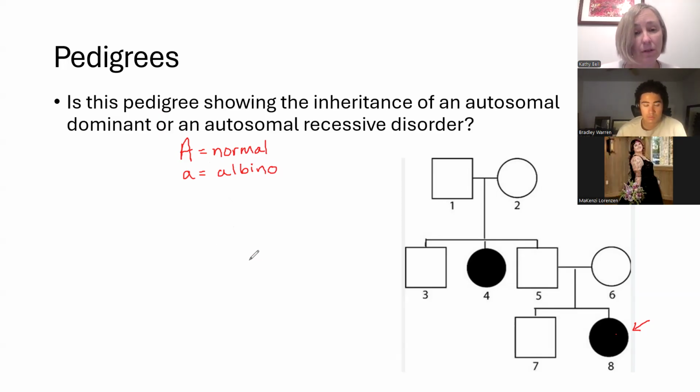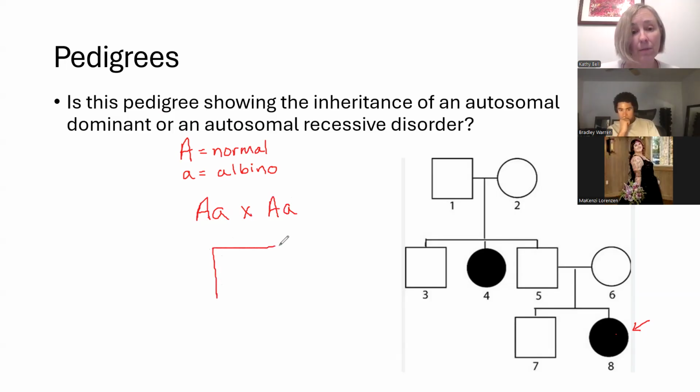So if both of these parents are normal, and we have a carrier parent, so one parent is heterozygous, and another parent that's also a carrier, we could get an albino child, right?